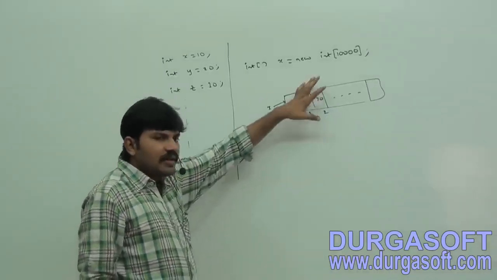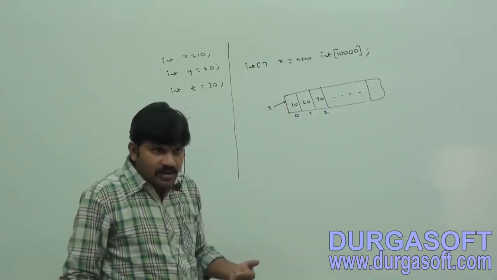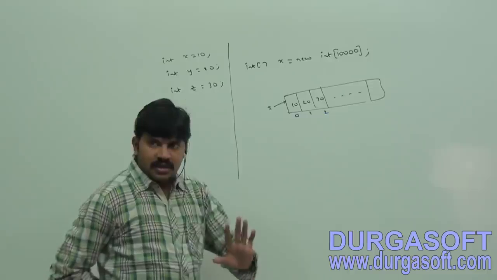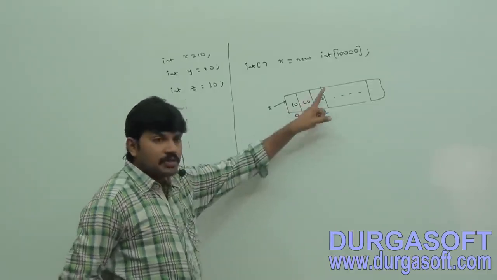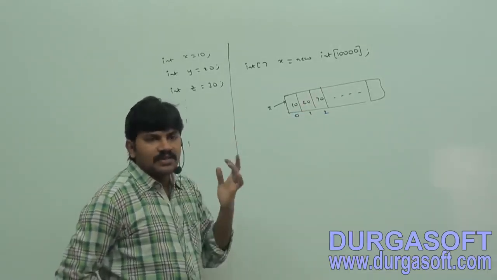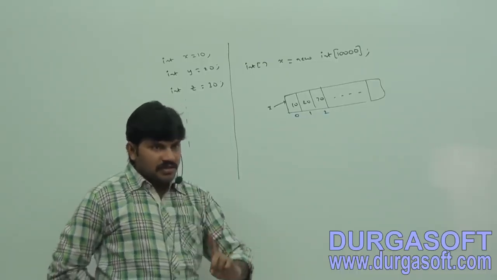Sir, can you tell what is the advantage of arrays? We can represent a huge number of values by using a single variable. That is the advantage of the arrays concept. But if you are getting something, you have to lose something. For every advantage, there is some disadvantage also.